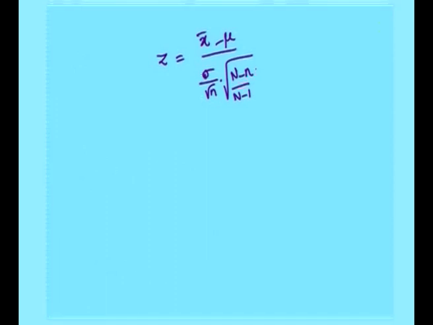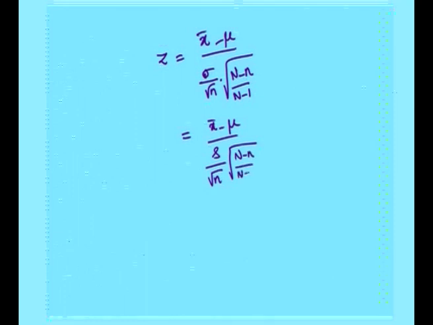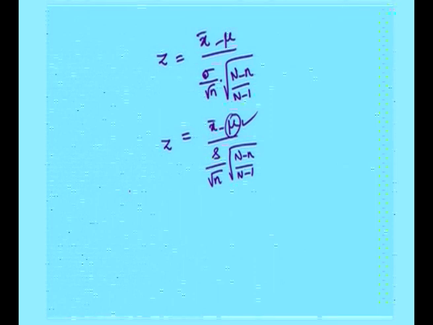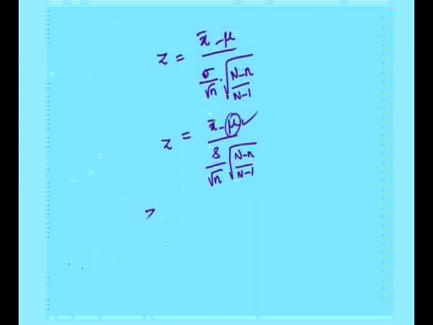Okay. Now, in this problem the population standard deviation is not available, therefore, we have to take a sample value. So, in the place of sigma you will have to write S by root n, root of capital N minus n by N minus 1. This is the Z value, right. You are asked to find the interval estimation for mu, and a 95% confidence interval implies a 5% level of significance. So, let me substitute all the values.